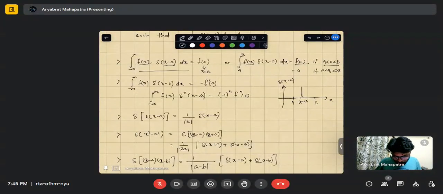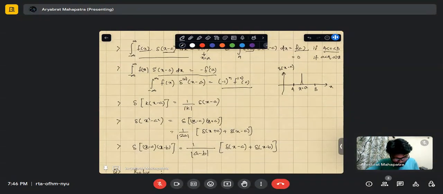And again, if you have a derivative of the delta function and you take the integral by multiplying with a function f of x, then you have the result minus f prime a. When you have the nth derivative of the delta function, you will have the nth derivative of your function at x equals a.